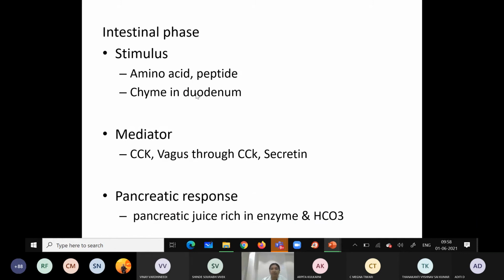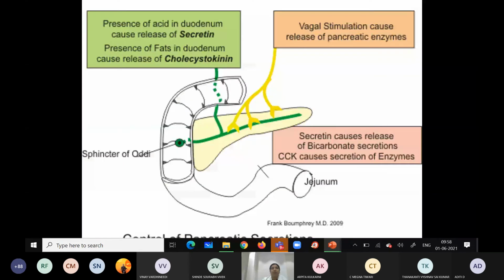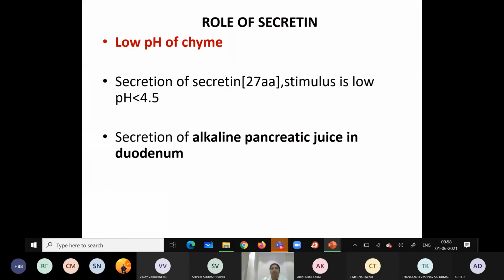The mediators here are CCK, secretin, and the vagus also. The pancreatic response in the intestinal phase is pancreatic juice rich in enzyme and bicarbonate. So again this tells you the same, okay. I don't want to highlight this again and again.